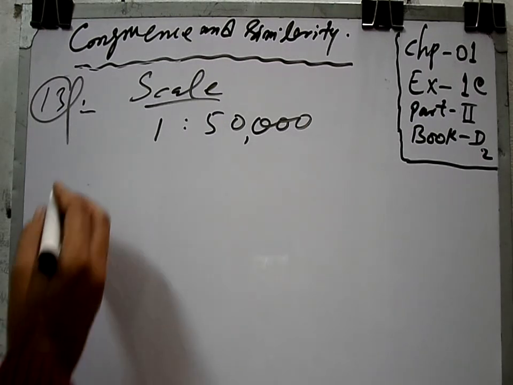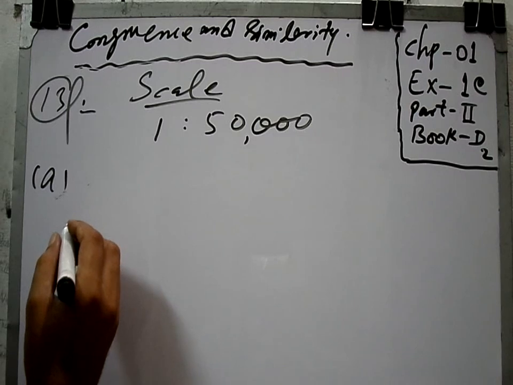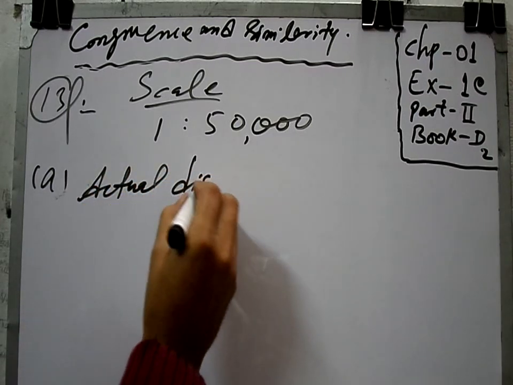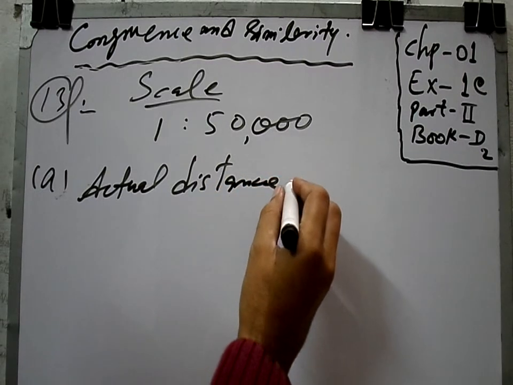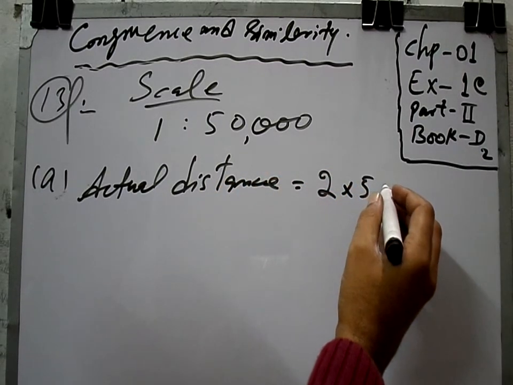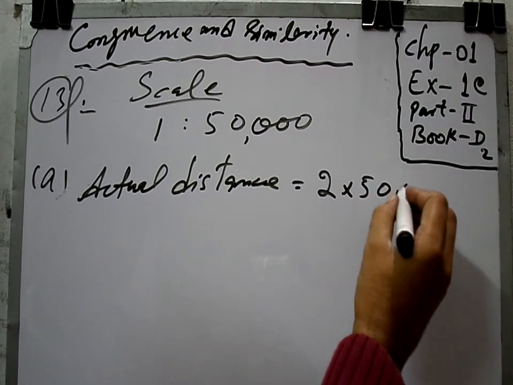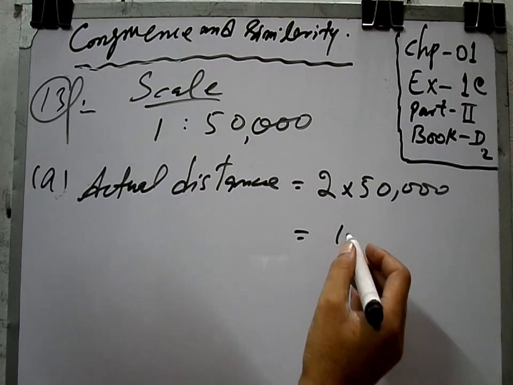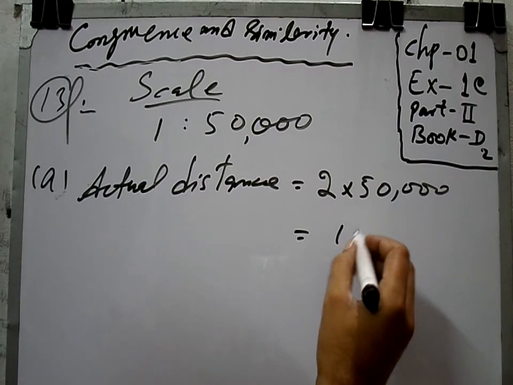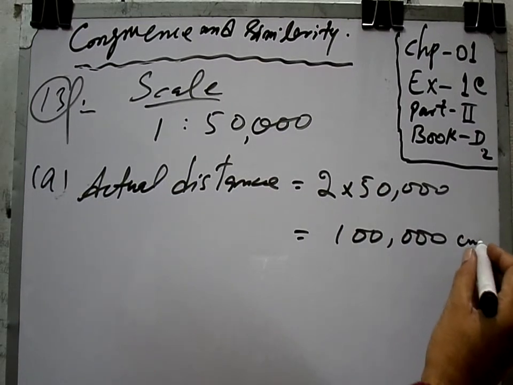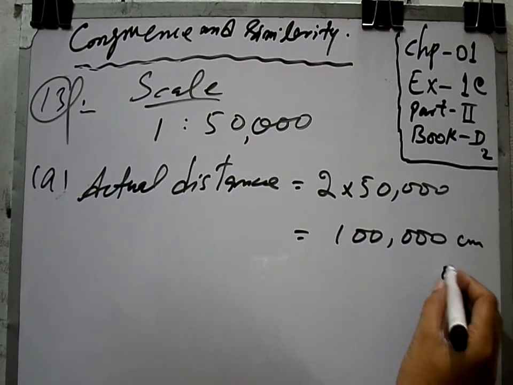Okay, so in A, the actual distance will be 2 multiplied by 50,000, so you will get 100,000 centimeter, or it should be converted to kilometer.